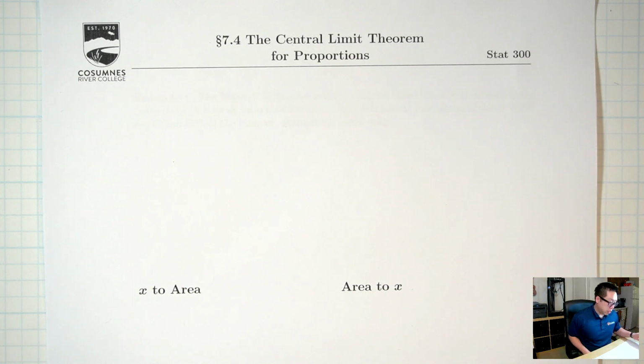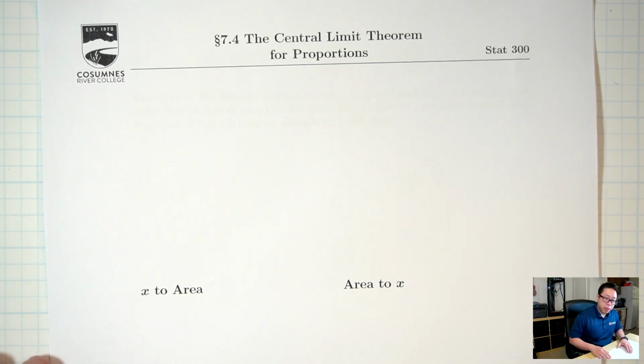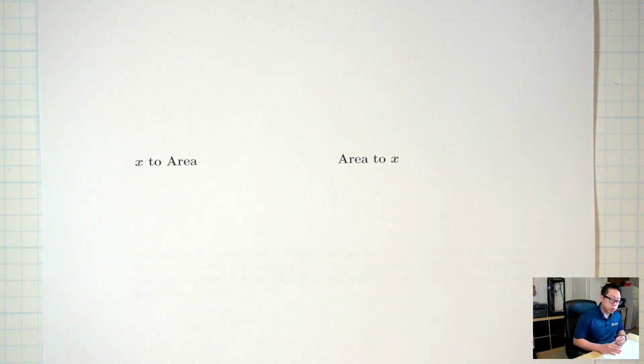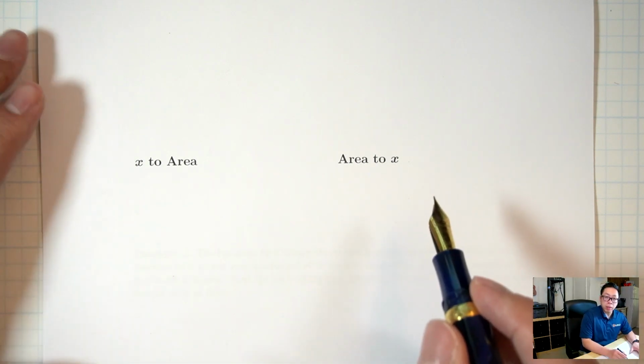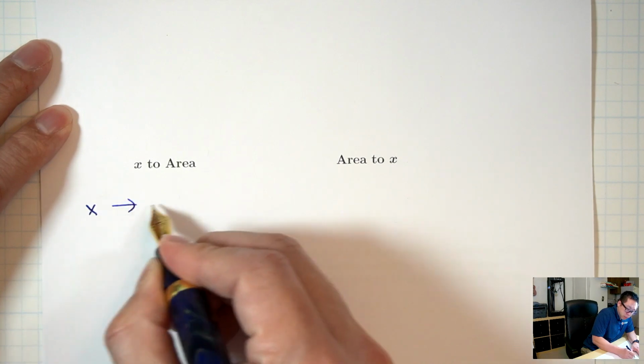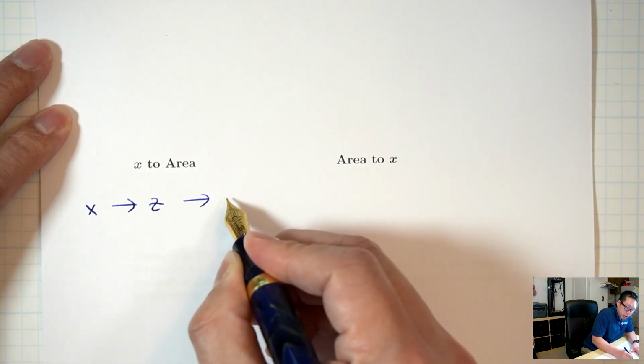Okay, I'm ready to fill out the formulas on the front page now. Let me start down here. This is the workflow that we've been using for the past couple of lectures. There's two main types of questions in this chapter: x to area and area to x. For x to area problems, we go from x to z first, and then from z to area.